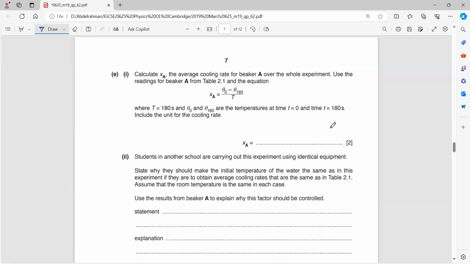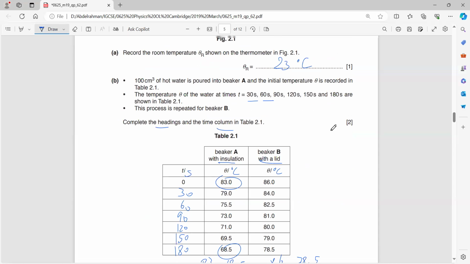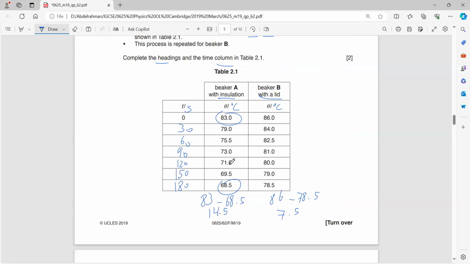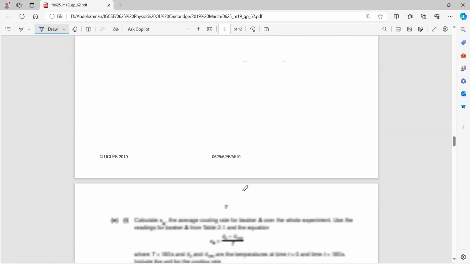Can I find the rate of cooling for beaker A over the whole 180 seconds? Yes, I can do that. Theta 0 minus theta 180 over 180. For beaker A, 83 minus 68.5, which is 14.5, divided by 180, the time.